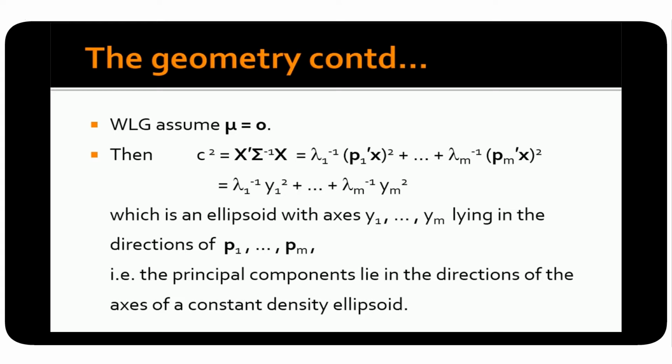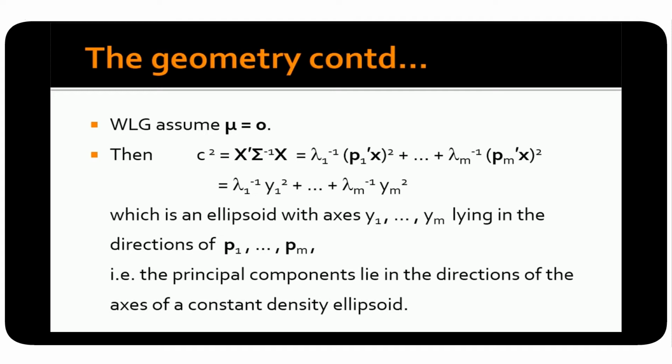This is easy to do because sigma inverse, mind you, can be broken up in a spectral decomposition as the summation of 1 by lambda j pj pj prime, and then you pre and post multiply this by x and you get this result. So, what we have now here is that c square is equal to 1 by lambda 1 the first principal component squared plus 1 by lambda 2 the second principal component squared, etc.